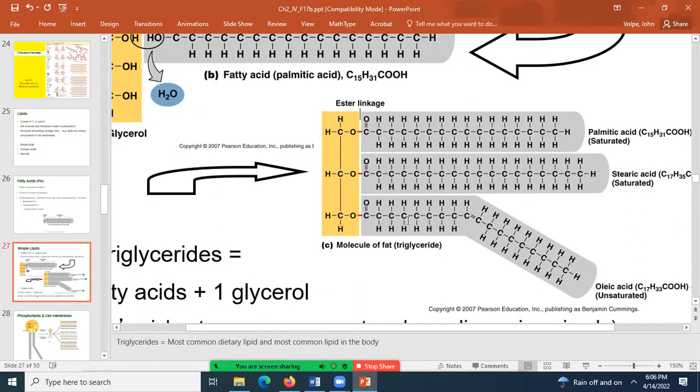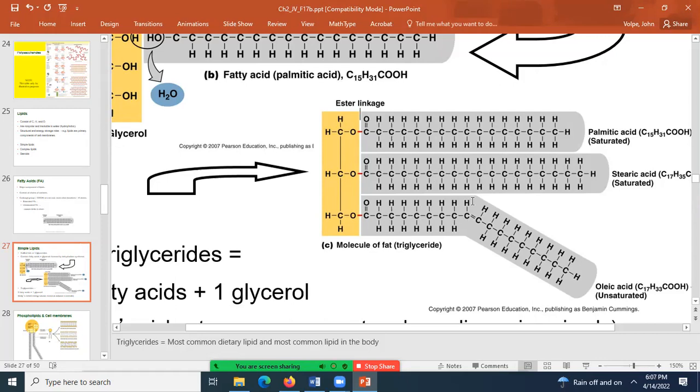And as you can see, this is an unsaturated fatty acid or an unsaturated fat because there's one double carbon bond right here in the fat molecule. All the other bonds are single carbon, but there's only one, and we call it an unsaturated fat because it has one double carbon bond.